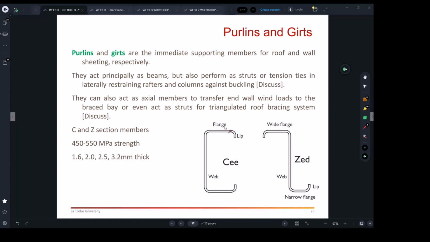I will tell you, describe or list the function of a C channel in a warehouse project.